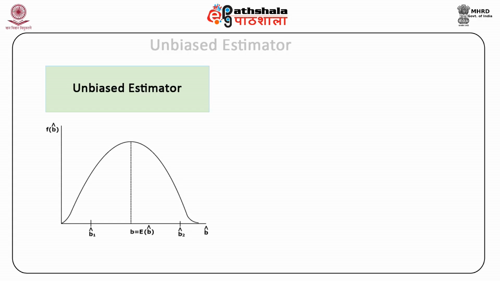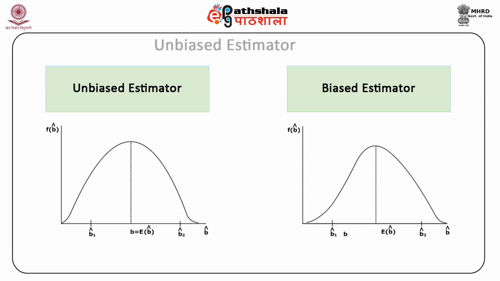In the figure, the density functions of two hypothetical estimators obtained by two different methods are shown. The figure on the left shows the case of unbiased estimator, and that on the right shows the case of biased estimator. In the left side of the figure, two estimates of B, that is B1 hat and B2 hat, are obtained.